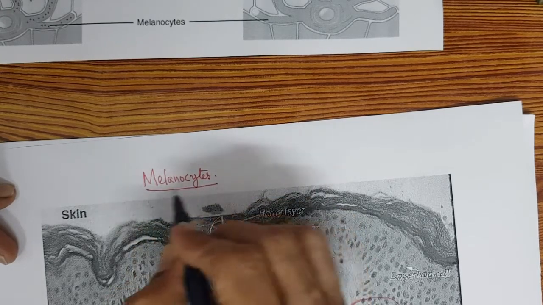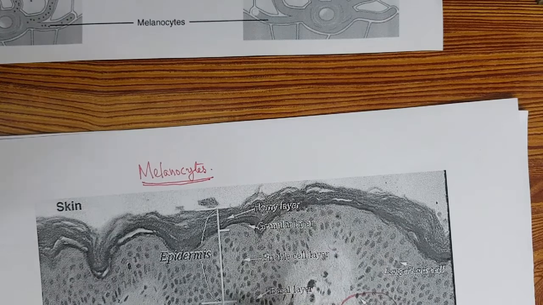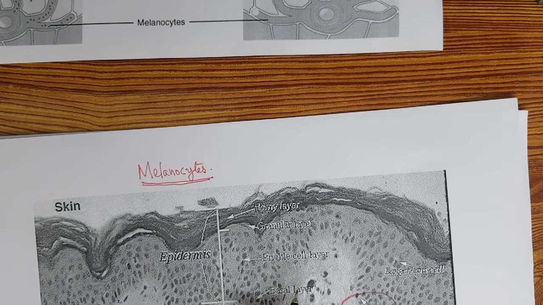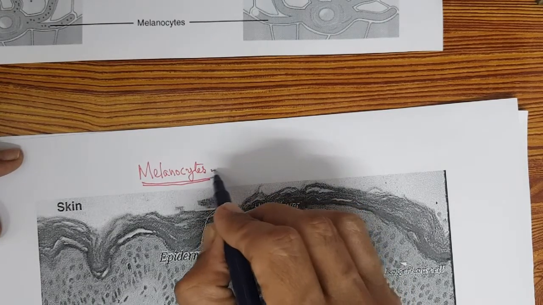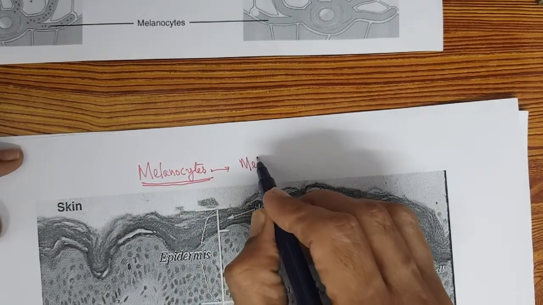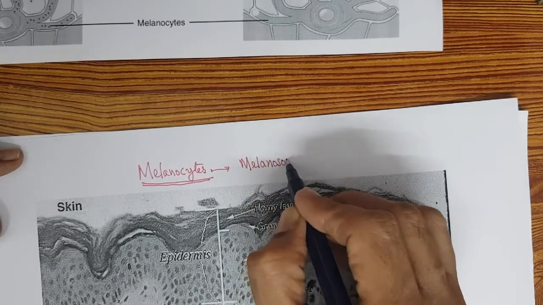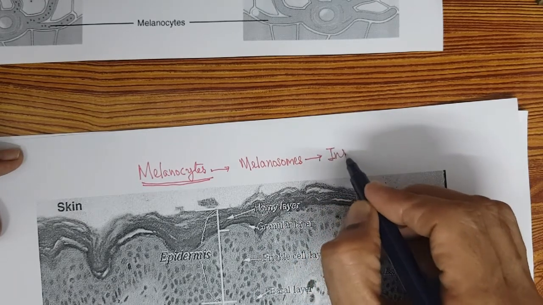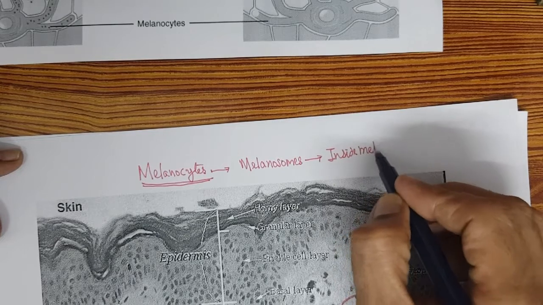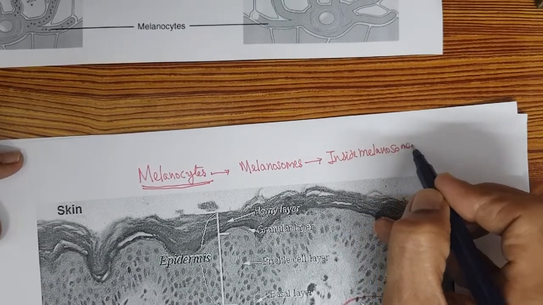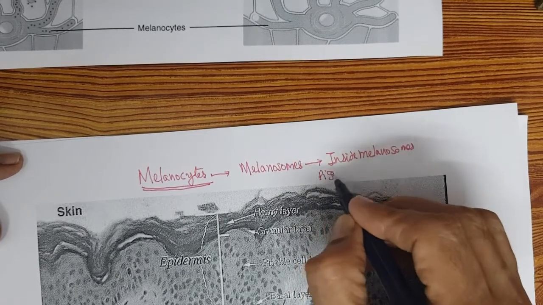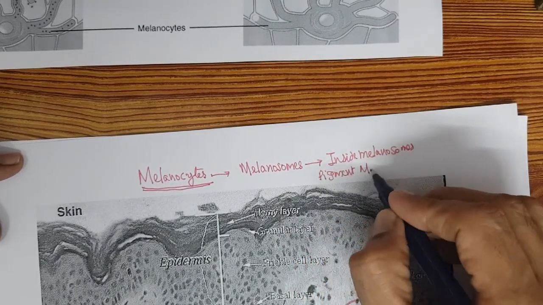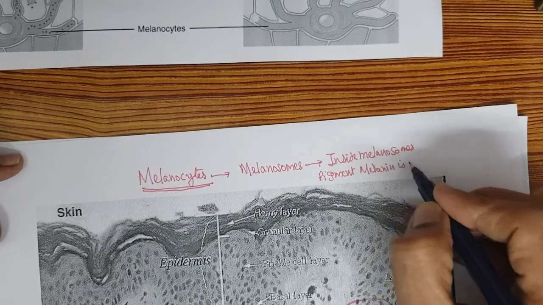Melanocytes are responsible for the skin color. How? Melanocytes are the ones which synthesize melanosomes. Inside melanosomes, the pigment melanin is present.